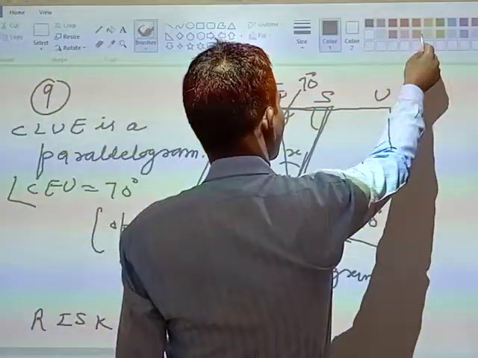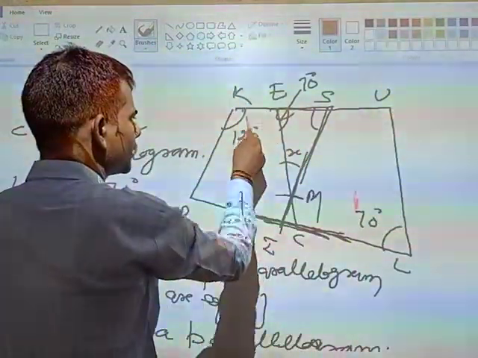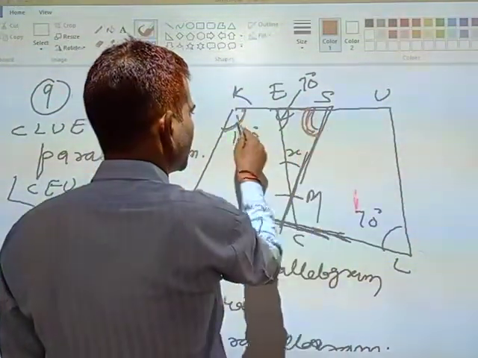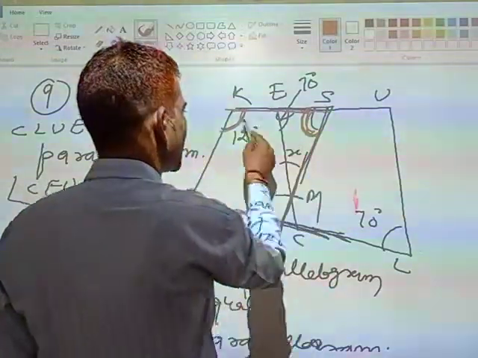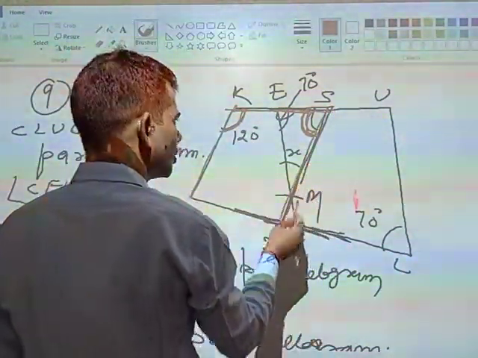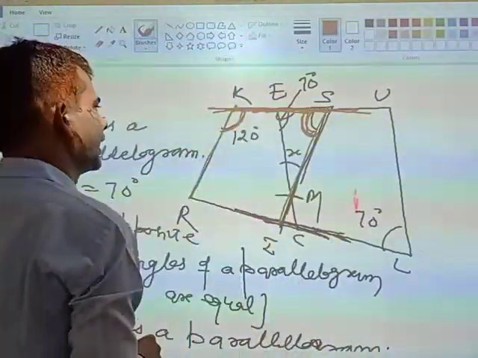Now please tell me what is the sum of these angles, this and this angle? These are parallel lines. It is 180 degrees. Why? Because they are adjacent angles.